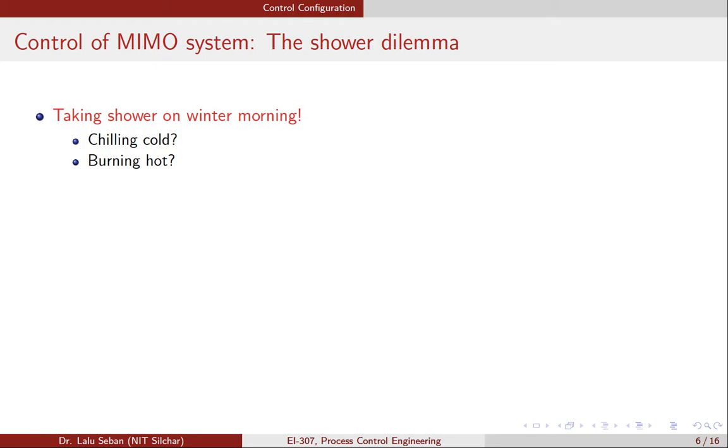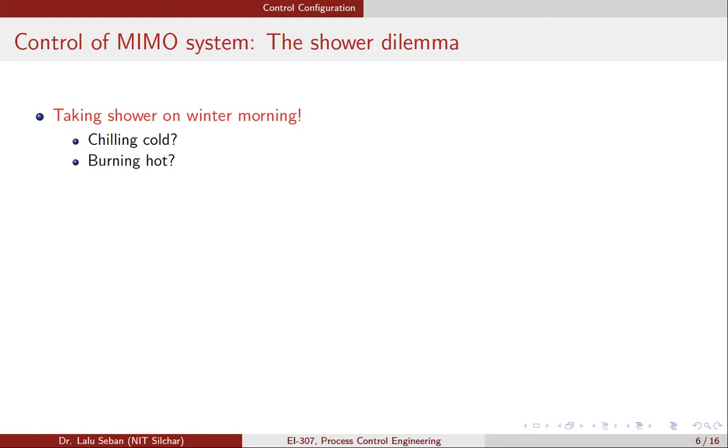In this case we are taking some assumptions. The temperature from the geyser is constant, maybe say 70 degrees centigrade, and the temperature from the tank is also constant, say something like 5 degrees centigrade. Keeping the input temperatures constant by using that assumption, what are the variables?